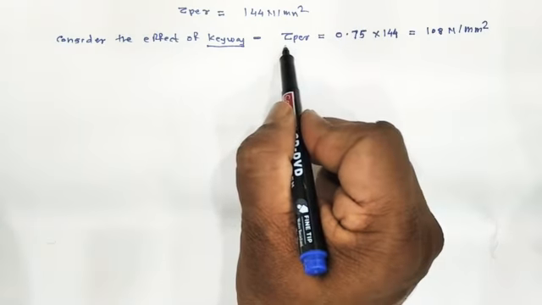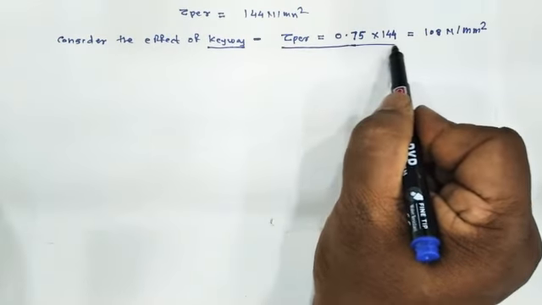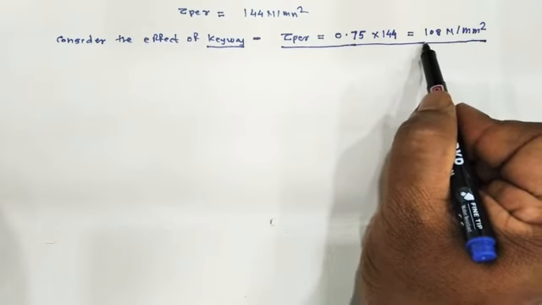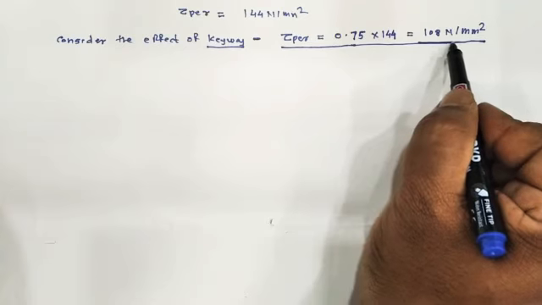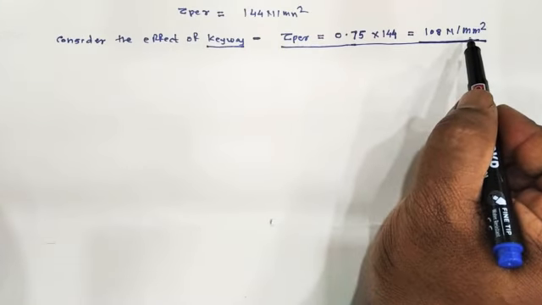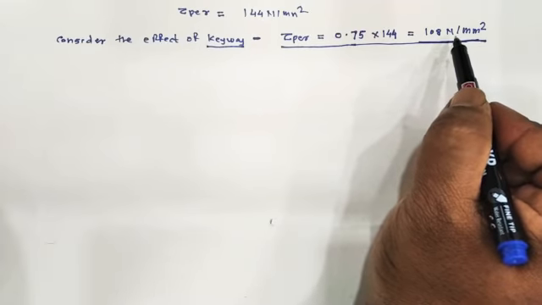So this is the final value of the tau permissible we have to select for the further calculation of the diameter of the shaft. That is, tau permissible equal to 108 Newton per mm square is the permissible shear stress that we have to use to calculate the diameter of the shaft.